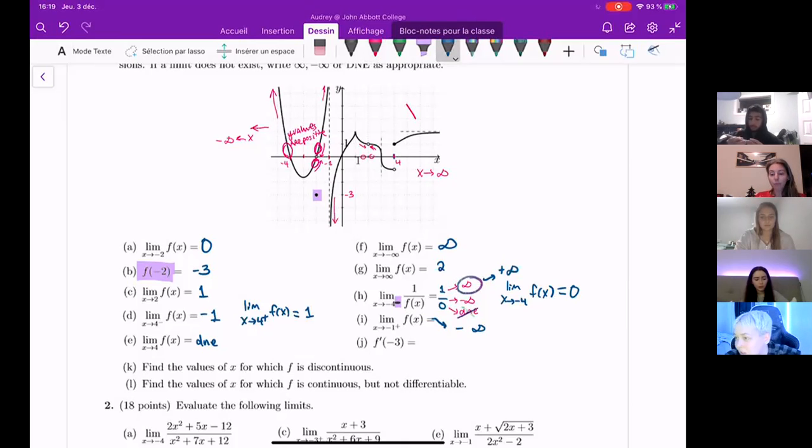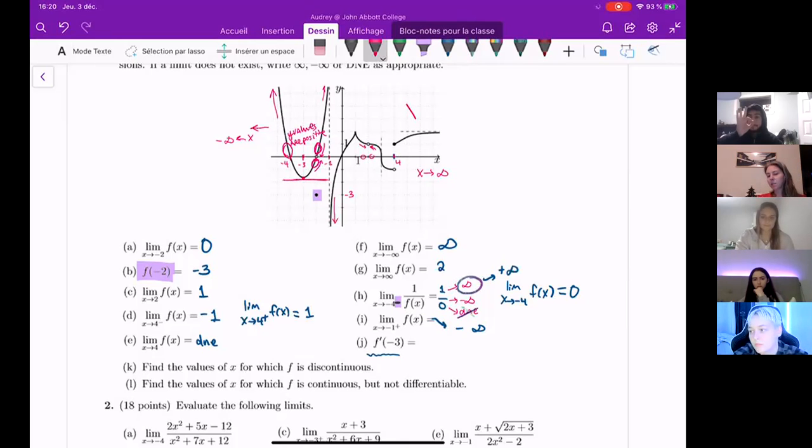All right, f prime of -3. So this is saying, what is the derivative at -3? Well, this is -3 right here. I have my function. If I were to draw my tangent line, it's going to look like that. It's just going to be a horizontal line.